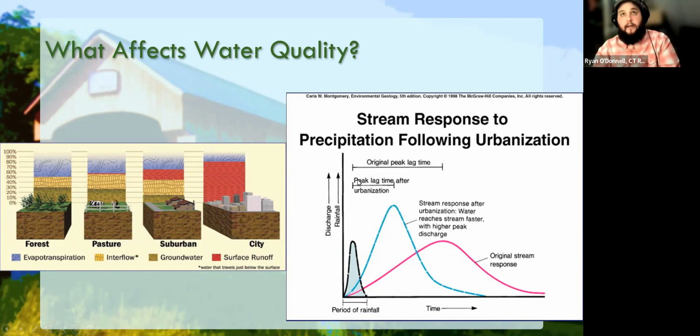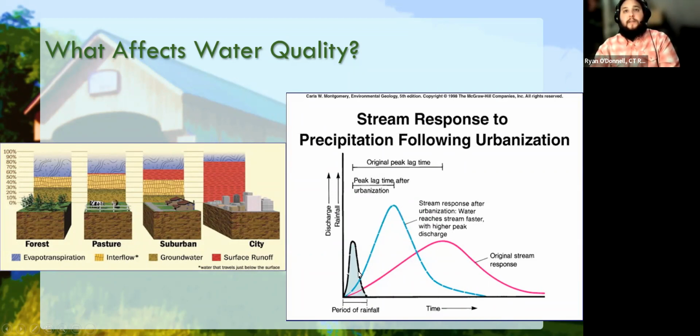And we can see that the diagram on the right shows the response to what happens when it rains, what the river flow level does in an original stream, which is maybe forested, versus an urbanized stream. The original stream is red, the urbanized stream is blue.